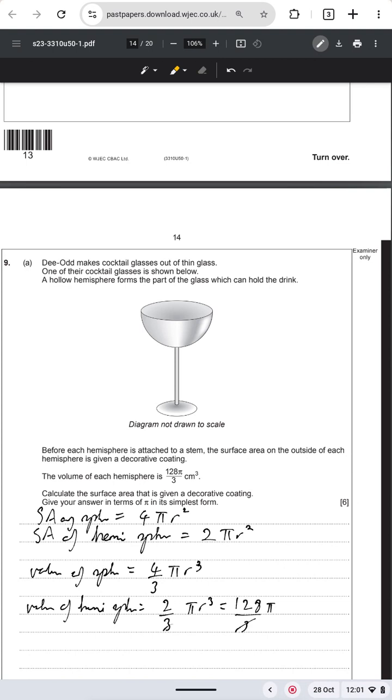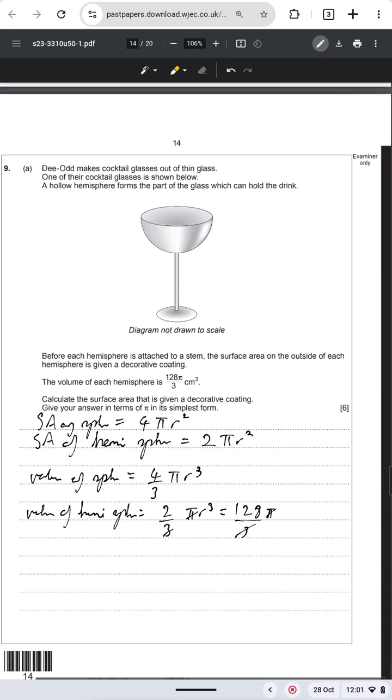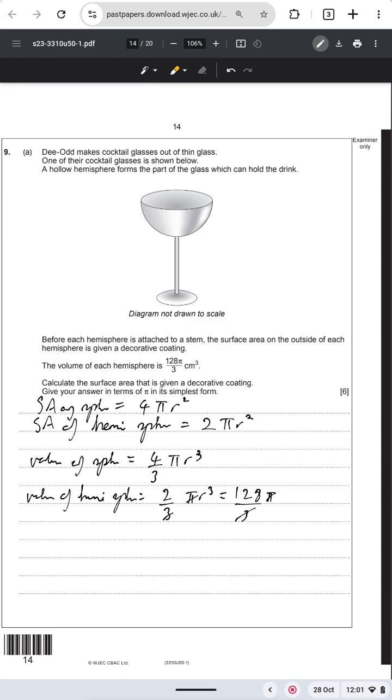So this 3 will cancel with this 3, this pi will cancel with this pi, so we end up with r cubed is equal to 128 over 2, which is equal to 64.